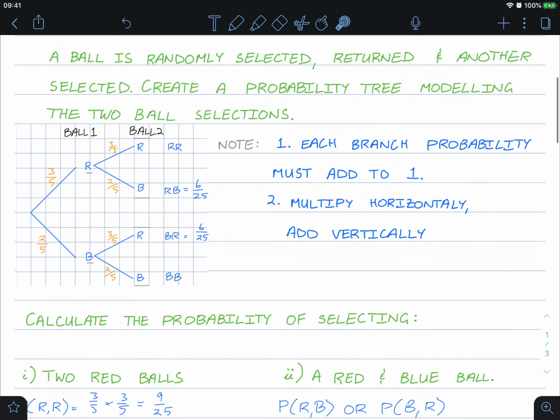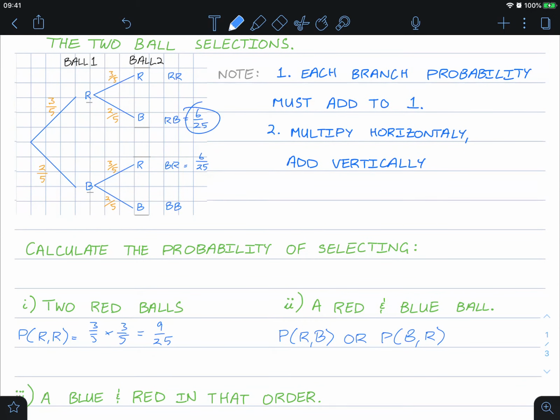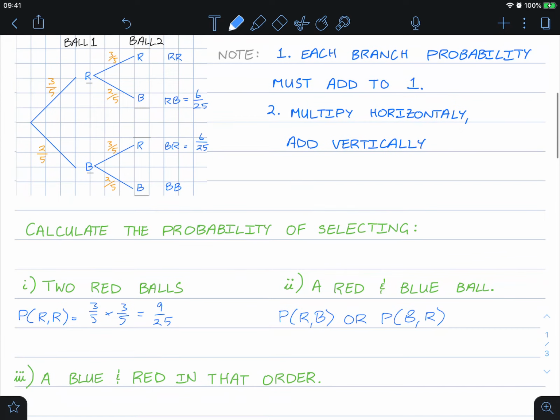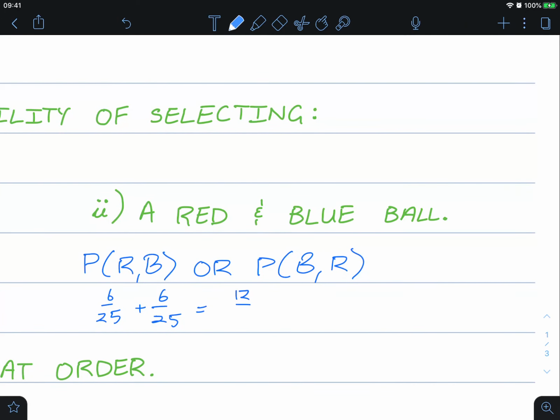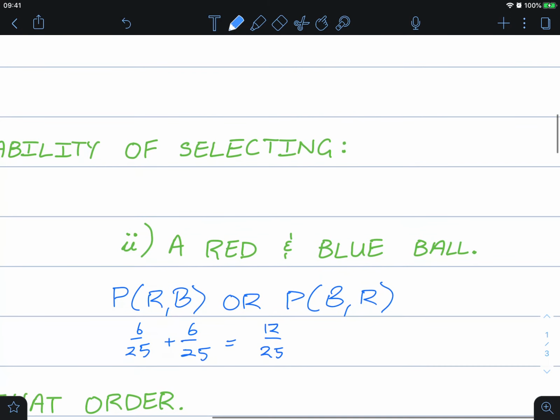And now that we have it, we're going to add what we need vertically. So red, blue is 6 out of 25 plus 6 out of 25 blue, red. You can put that straight into your calculator. That'll be 12 out of 25.